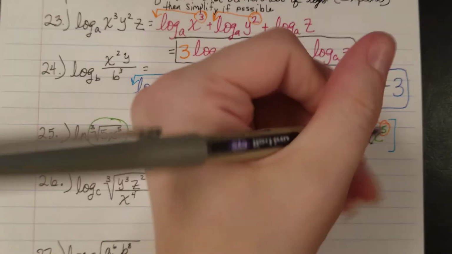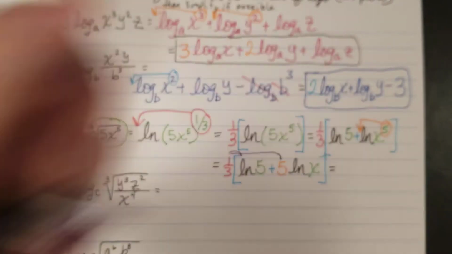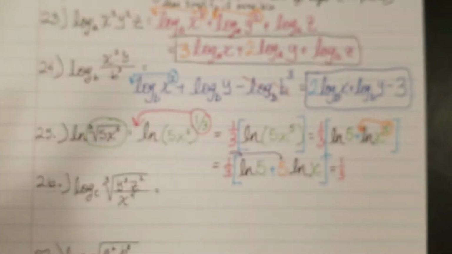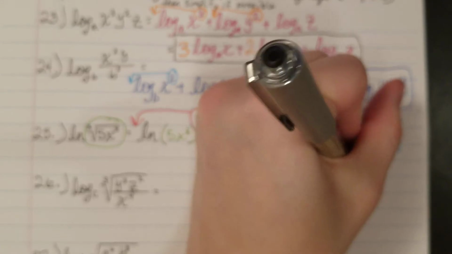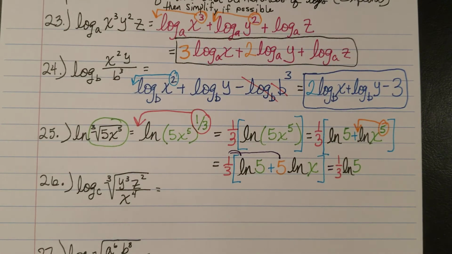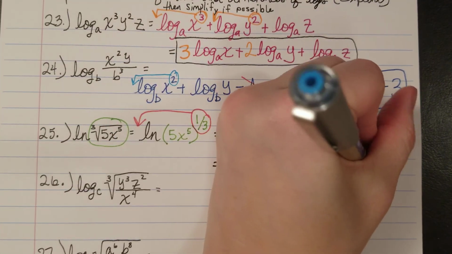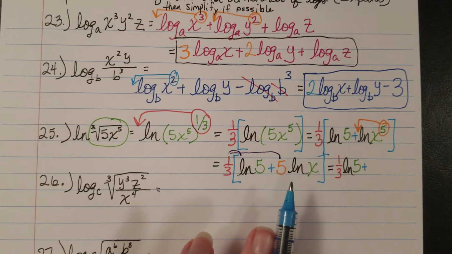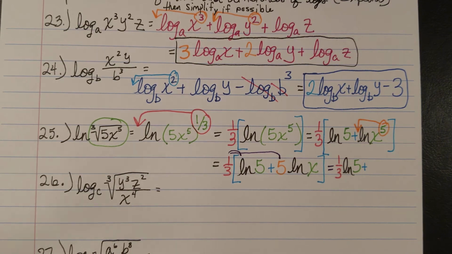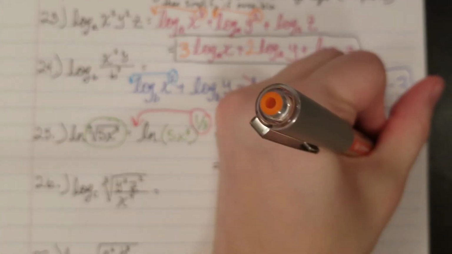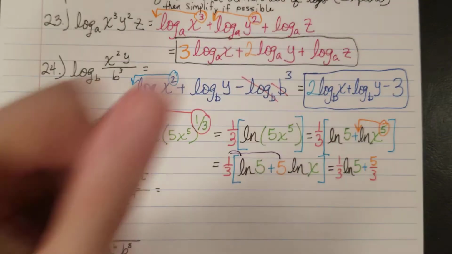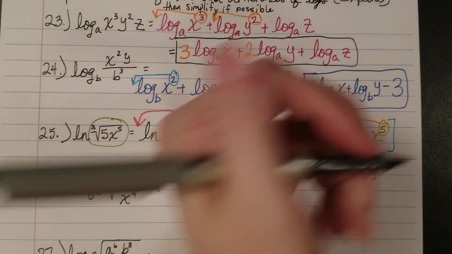So that'll make it 1/3 times the natural log of 5. And then I've got to multiply 1/3 times 5. So that's 5/1, which is just going to be 5/3, times the natural log of x.